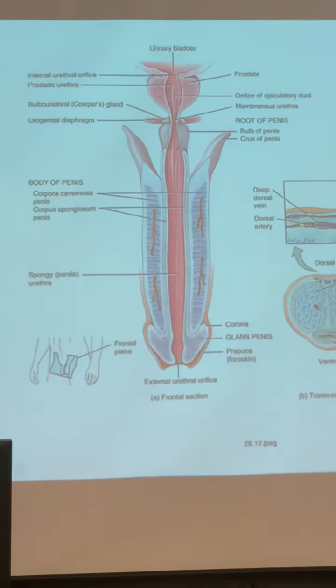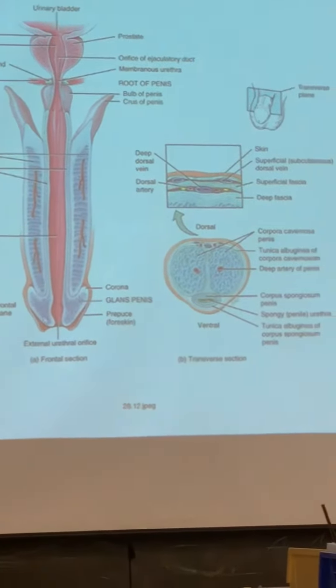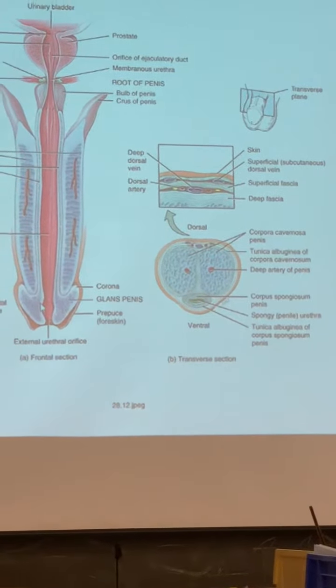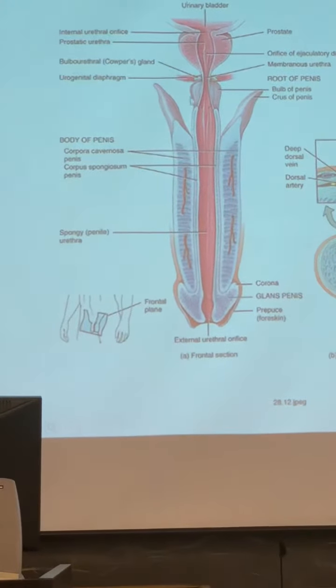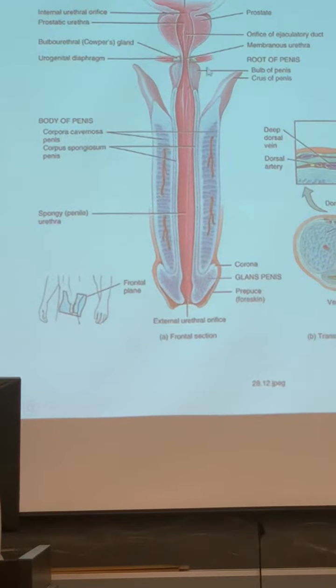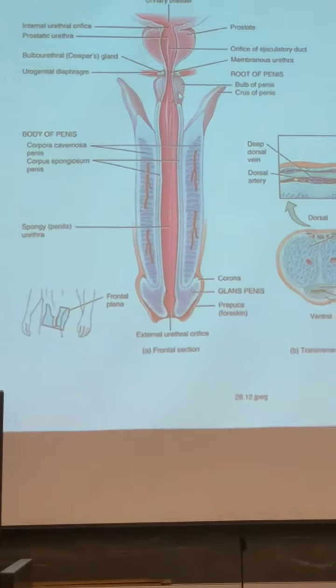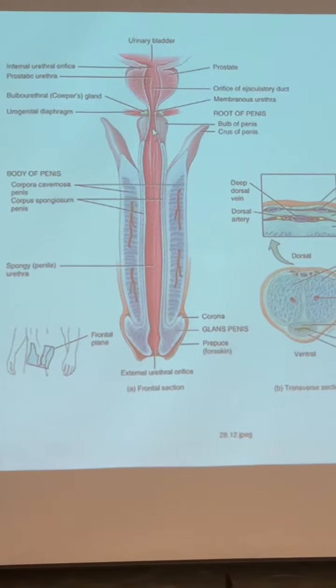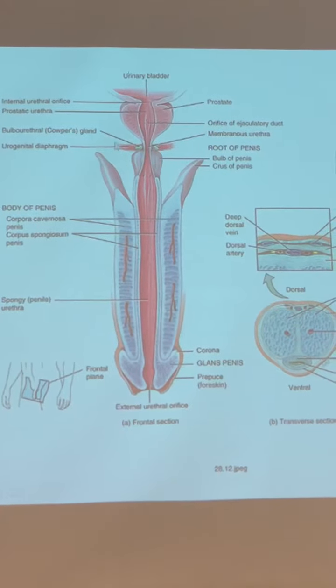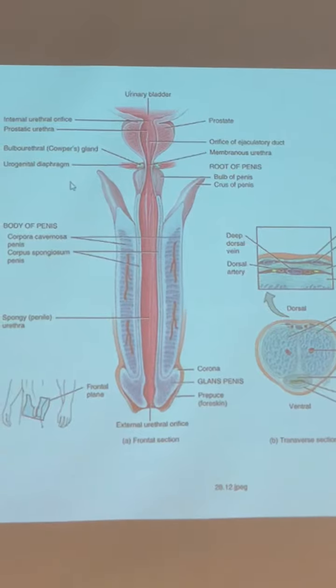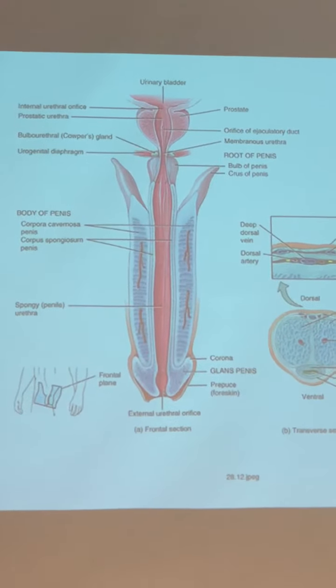Then surrounding the urethra and also filling the head of the penis is spongy erectile tissue. And there's a bulb of it near the base, near the transition point between the membranous and the spongy urethra. Those structures there are sometimes called the root of the penis. They anchor the erect penis during intercourse.